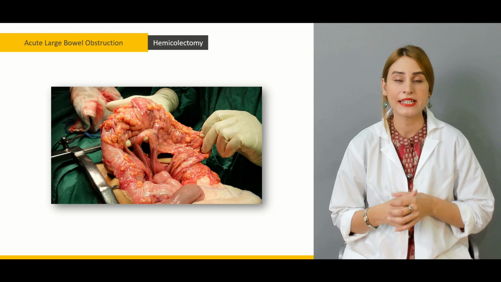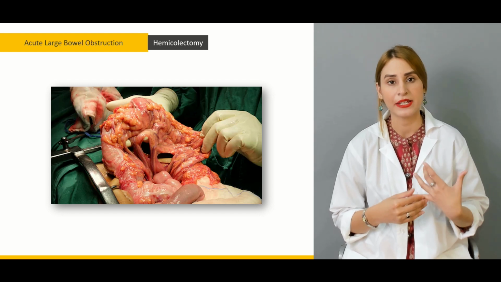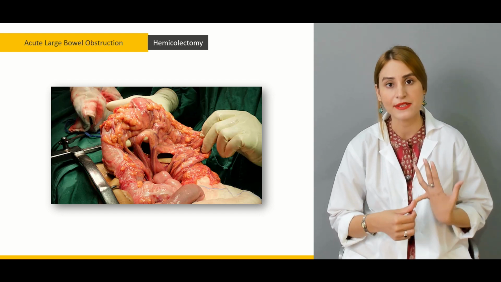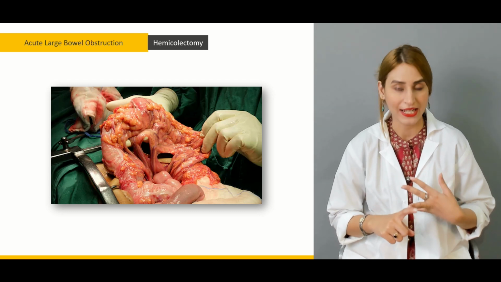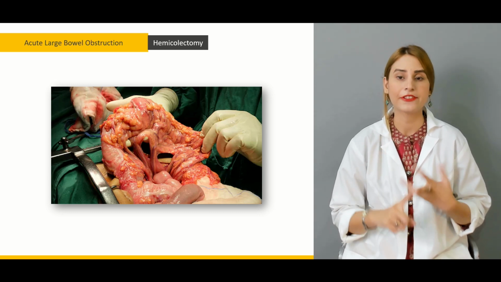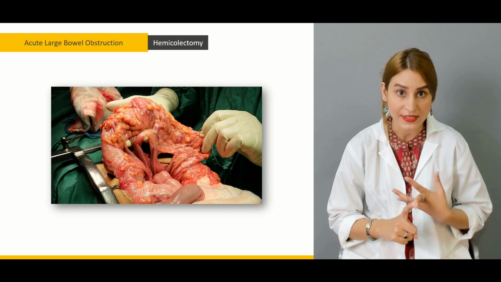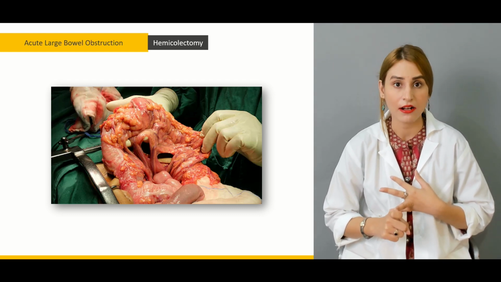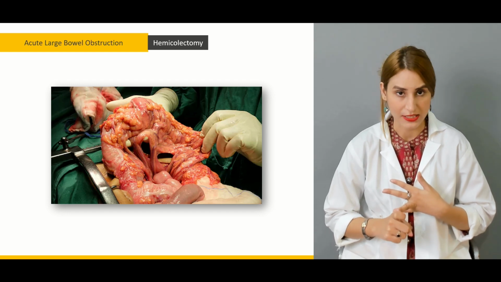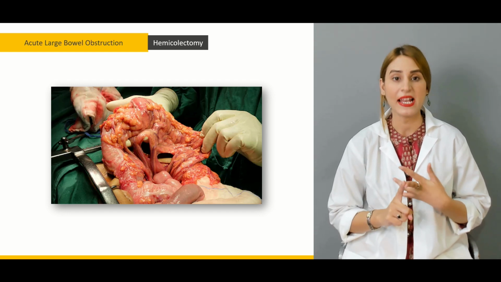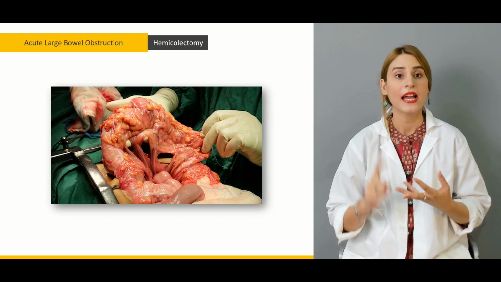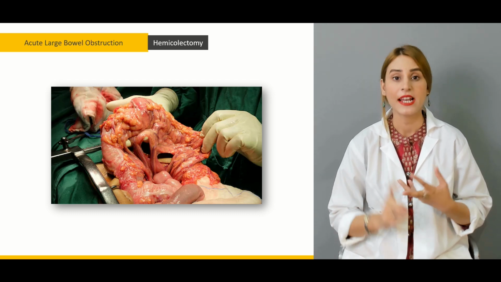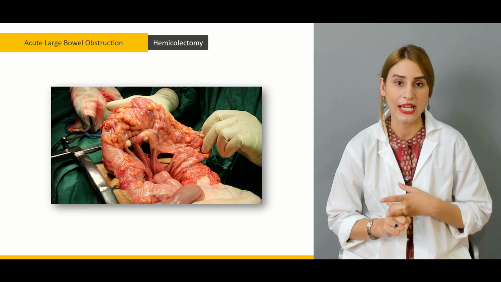It can be absolute constipation or relative constipation. If the patient is passing the flatus but not passing the stool, this is called relative constipation. And if the patient is not passing the stool, not passing the flatus, then that is called absolute constipation.